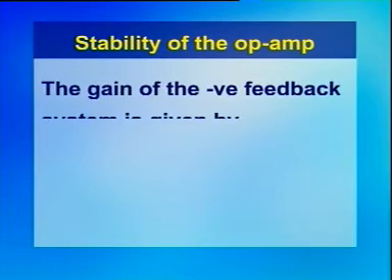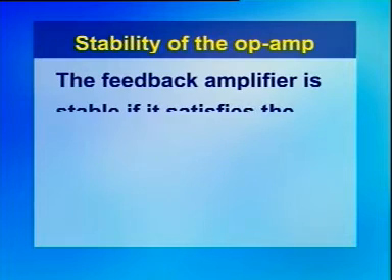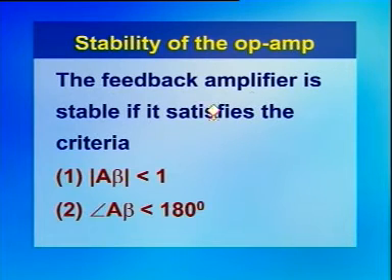The gain of the negative feedback system is given by AF equal to A by (1 plus A beta). The feedback amplifier is stable if it satisfies the criteria shown below, that is 1, mod A beta must be less than 1 and 2, angle A beta must be less than 180 degrees.